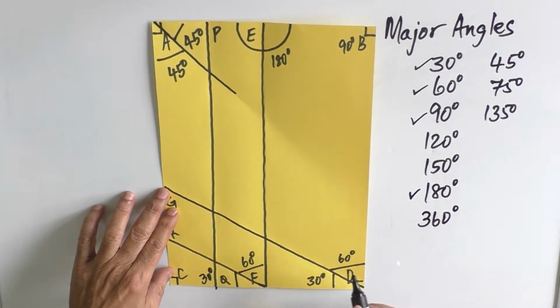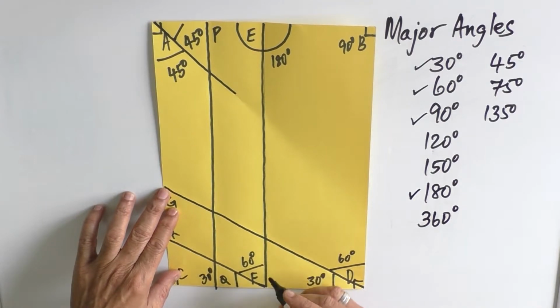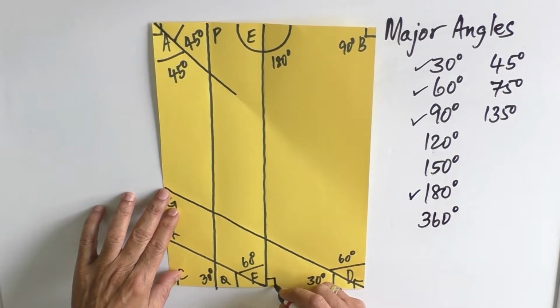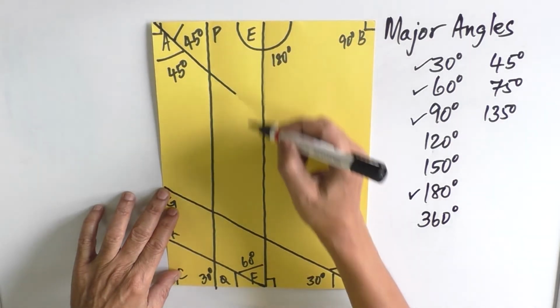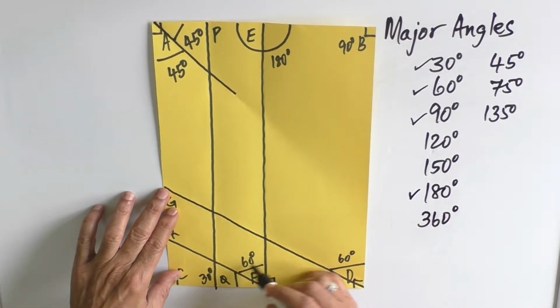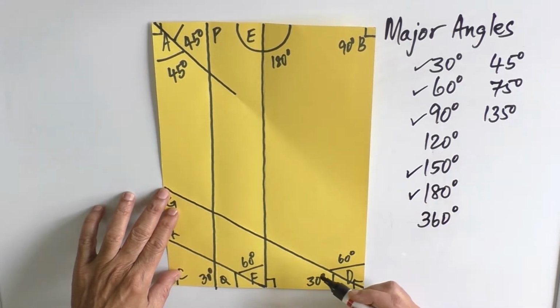Okay. Now how do we get 150 degrees? Now you have 90 degrees, that is angle EFD. Then you add the angle EFR, that is 60 degrees. So that will give you 150 degrees.